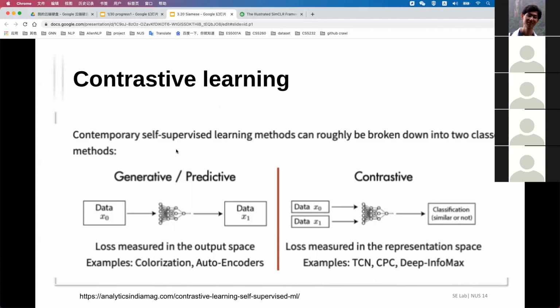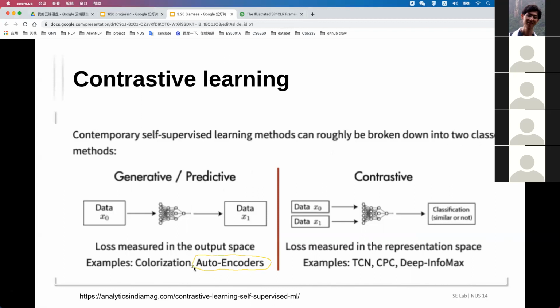Okay, so now is contrastive learning. Contrastive learning is actually a subclass of self-supervised learning. Self-supervised learning can be broken down into two classes. One is the generative or predictive process. The main difference is that the loss is measured in the output space, for example, the autoencoder.